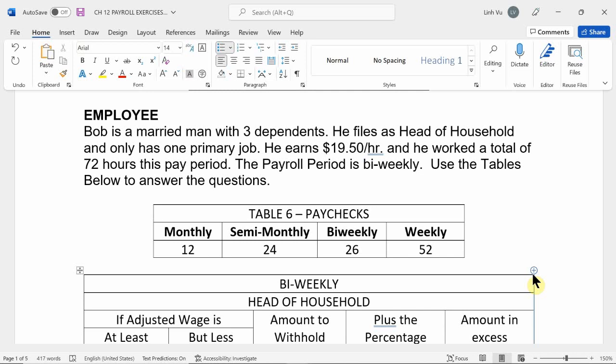And then we know how much he makes per hour, and how many hours he worked, and how often he gets paid. Yes. So we've got all that information.